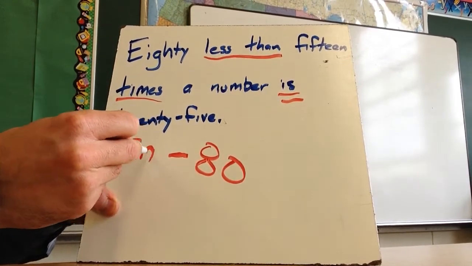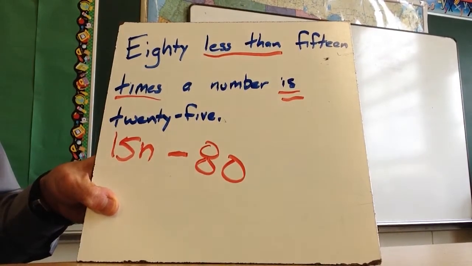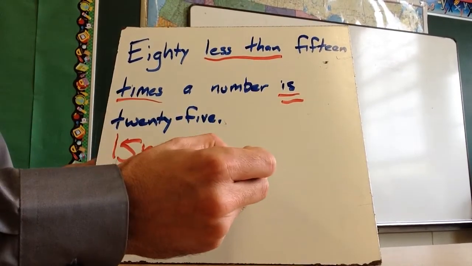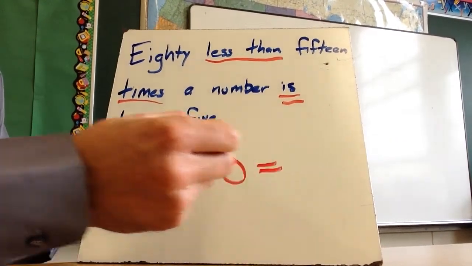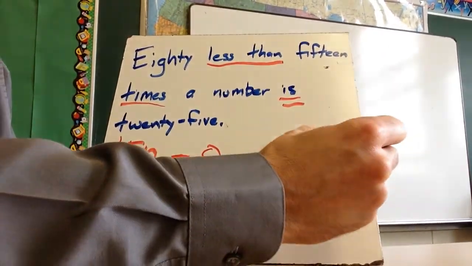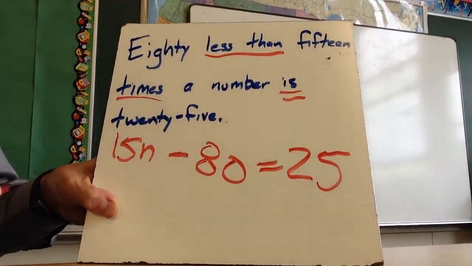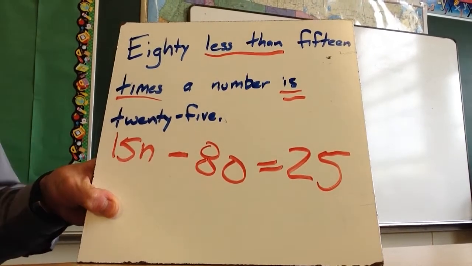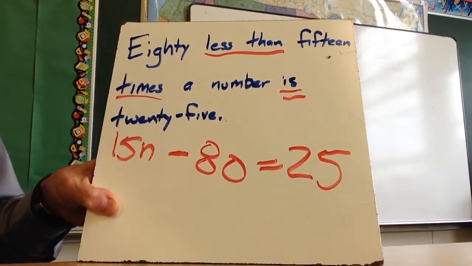I'll call it n, but you could call it x, you could call it t, you could call it whatever you want. And then is my equal sign, and then the number 25. So this says 80 less than 15 times a number is 25.